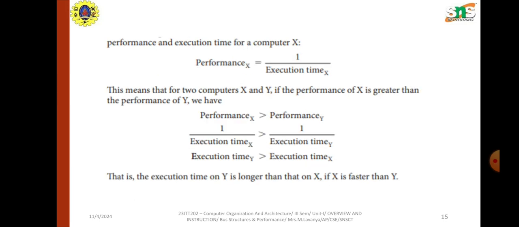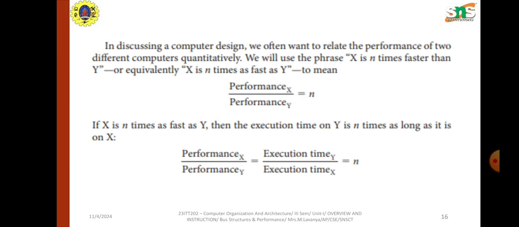In another way, it is seen as X is faster than Y. In this, the performance is calculated by numbering how many times the system X is faster than system Y. So it will be calculated using the equation performance of X divided by performance of Y equal to N, where N stands for system X being N times faster than system Y. In this, as we have seen earlier, performance is inversely proportional to the execution time.